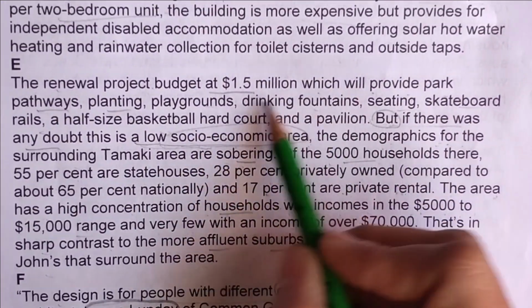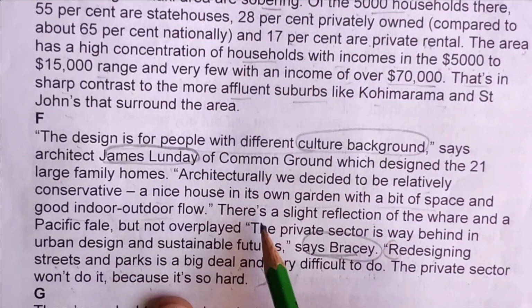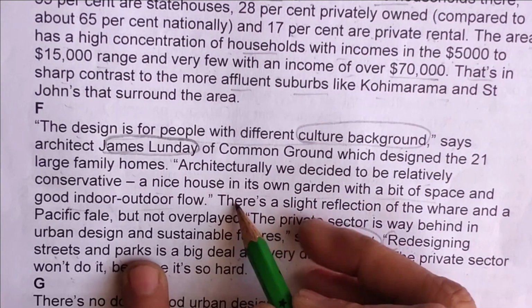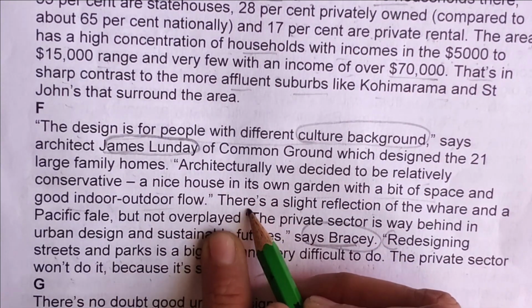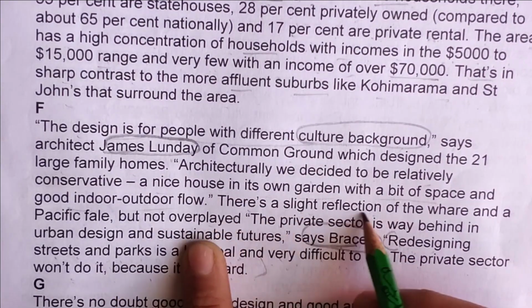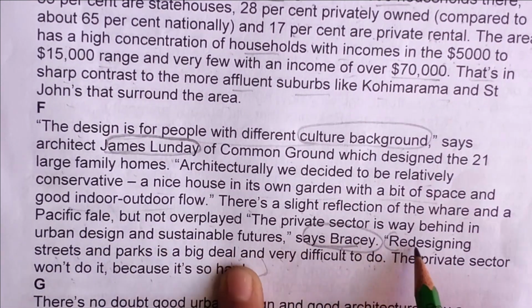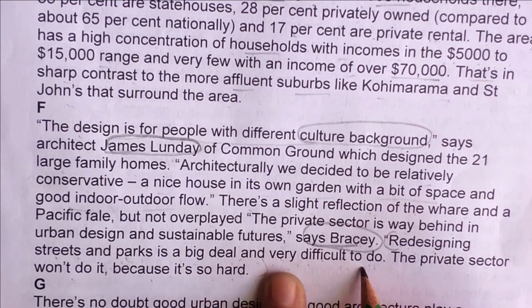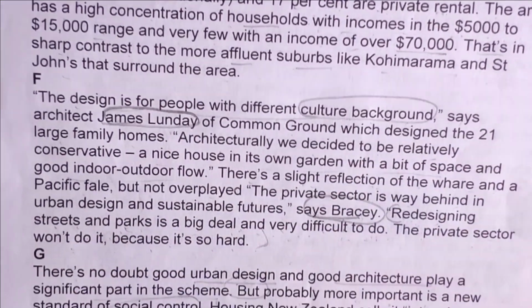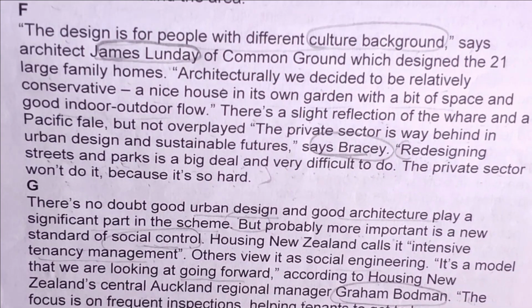Bracy. There is a slight reflection of where and not. Private is a sustainable future. Redesigning street is a big deal and very difficult to do. Okay, where is the other statement about Bracy?